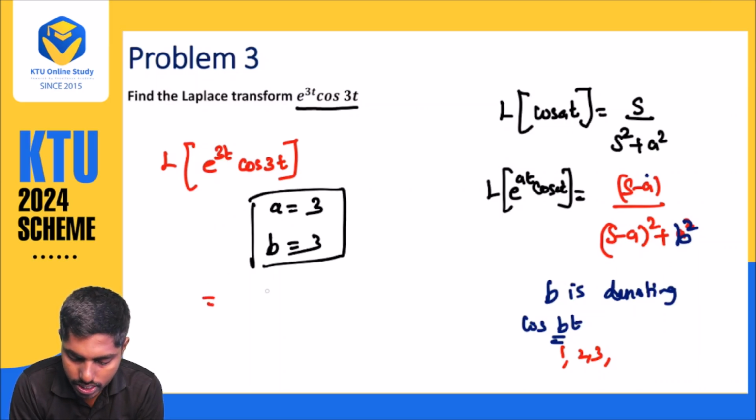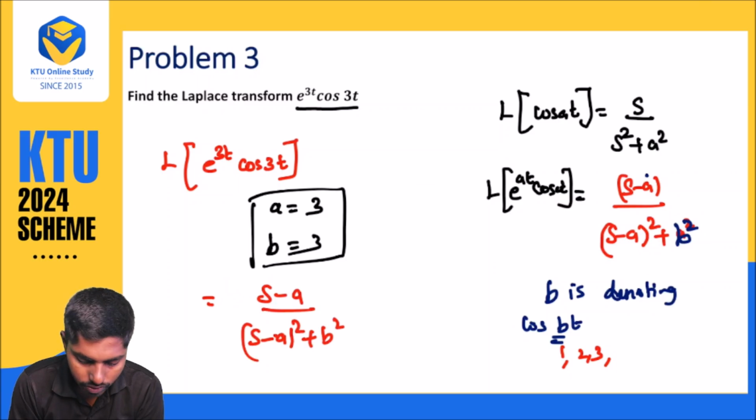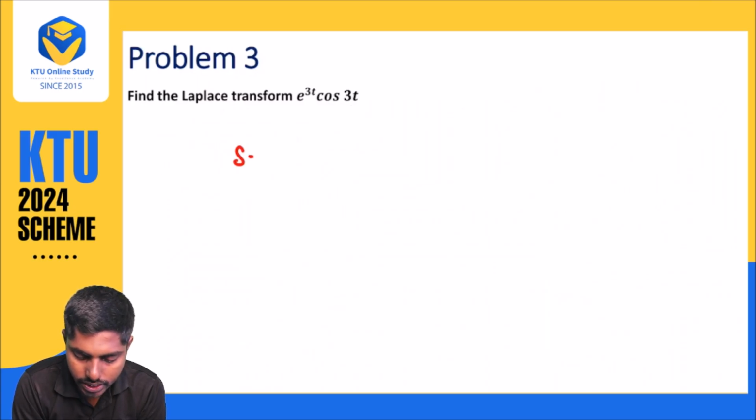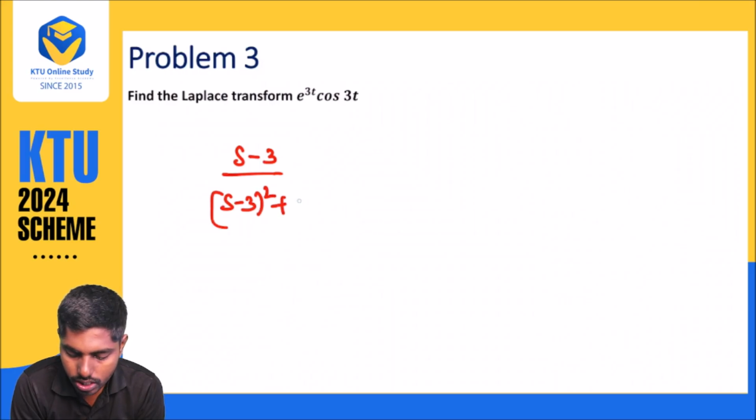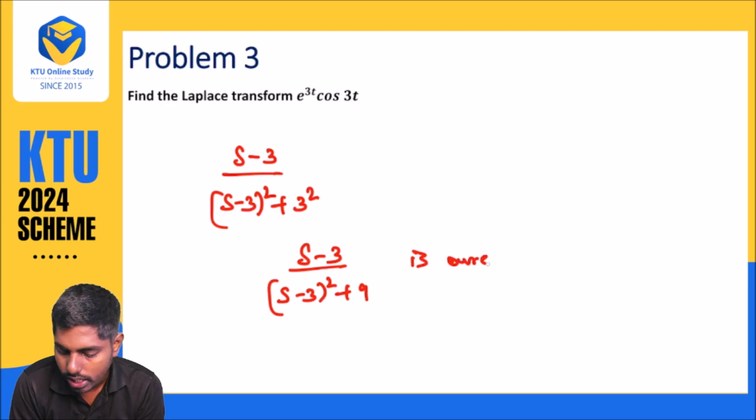Our answer is x minus a divided by (x minus a) the whole square plus b square. So our answer will be x minus 3 divided by (x minus 3) the whole square plus 3 square. So our required answer is x minus 3 divided by (x minus 3) the whole square plus 9, which is our Laplace transform.